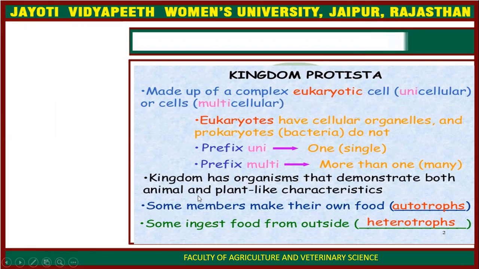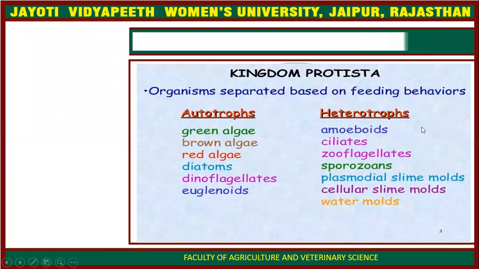The members who make their own food are autotrophic, and the organisms which ingest food from the outside are known as heterotrophic. In the kingdom Protista, organisms are separated on the basis of their feeding behavior, that is autotrophs and heterotrophs.